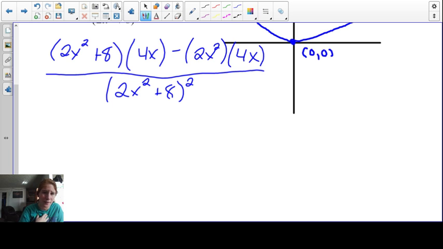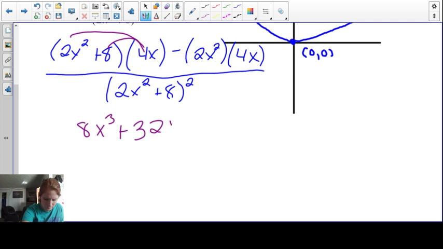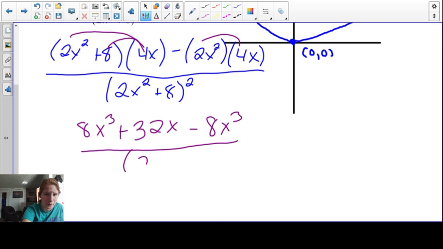Alright, let's multiply stuff through. 2 times 4 gives me 8, so then I have 8x cubed. 8 times 4 gives me 32. And then my 2 times my 4 gives me an 8, but we have to distribute that negative sign, so it's going to be negative 8x cubed. All over my bottom squared.